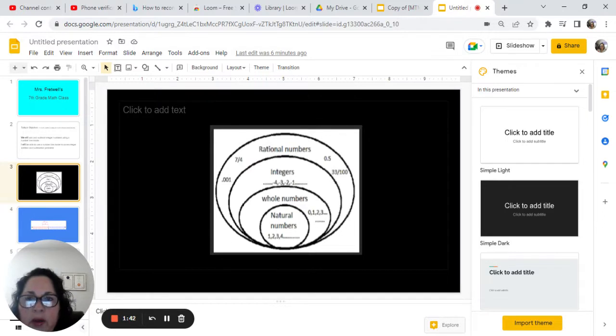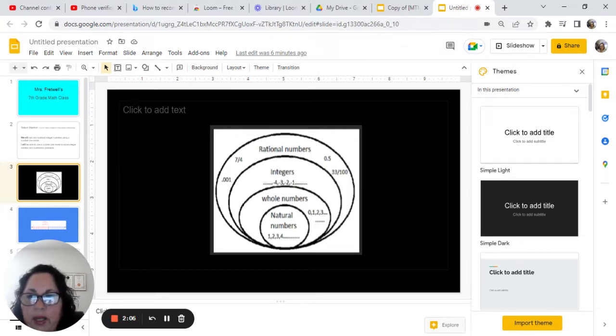Remember, integers are positive and negative numbers, always. So looking at what we have here, are there any questions about how we classify our numbers? Everybody's with me? Questions? Great. We're going to go ahead and keep going on.